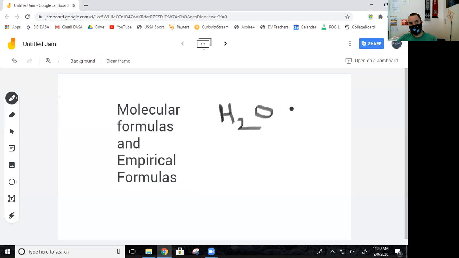H2O. Okay, that is water. This is the molecular formula. The empirical formula for H2O is also H2O. And you might be asking, why are we talking about the two differences?